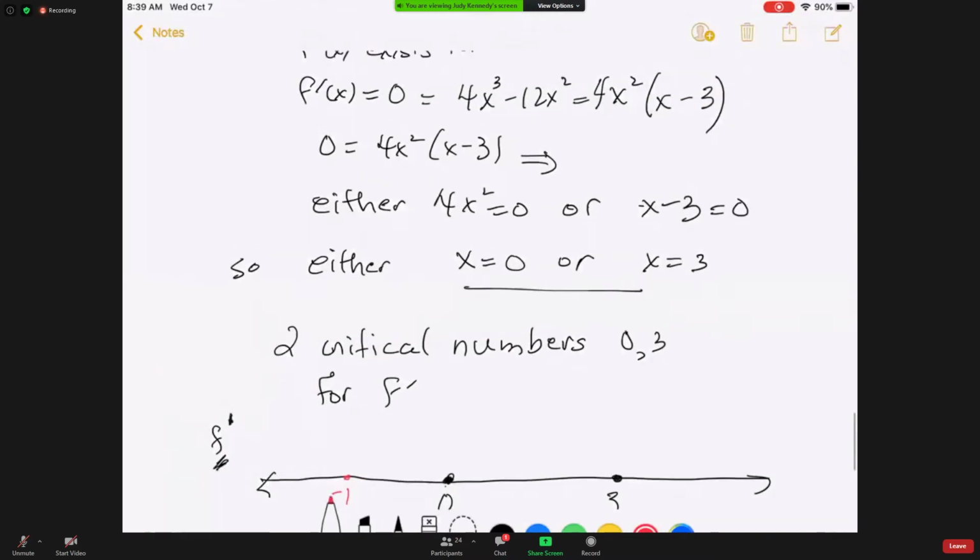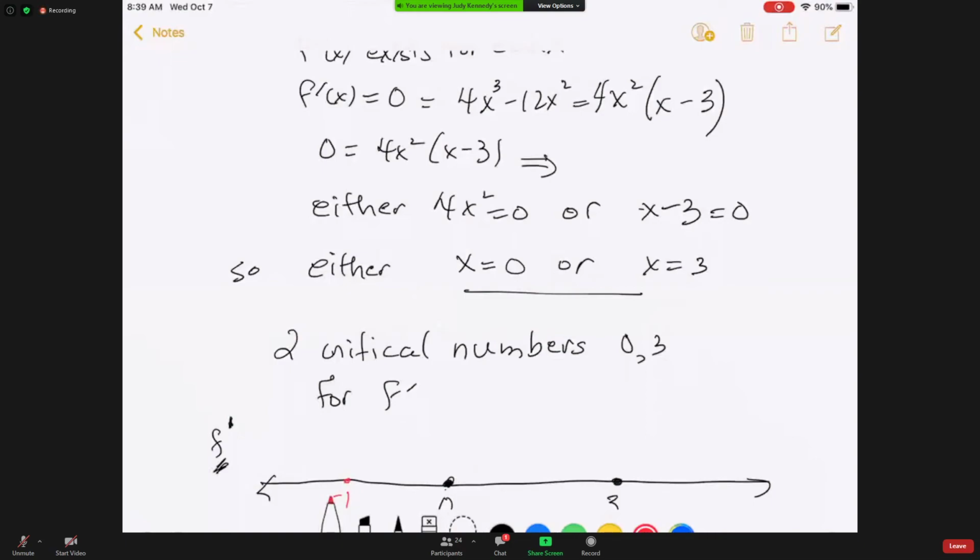And okay, I want to look at, let's see, remind myself what f prime is equal to. Okay, if I put -1 into f prime, well, no matter what I put into that first factor, 4x squared, I get a positive number.